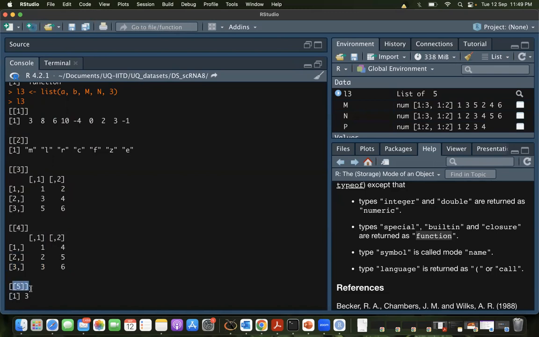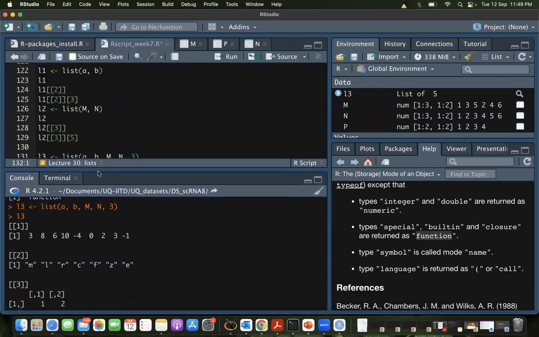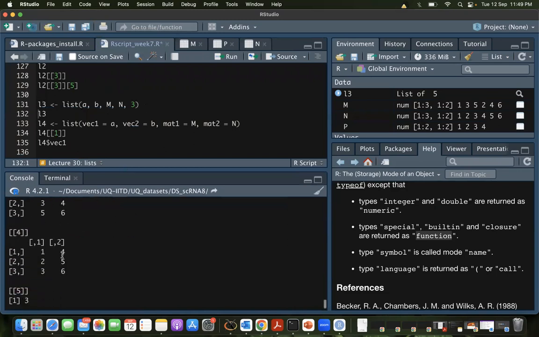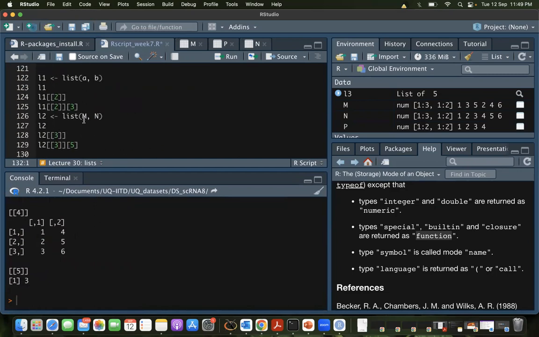And at the fifth position, it has this. Okay. So now when we talked about vectors, when we set position, it was always a single square bracket open, single square bracket close. But in case of list, you have double square brackets.